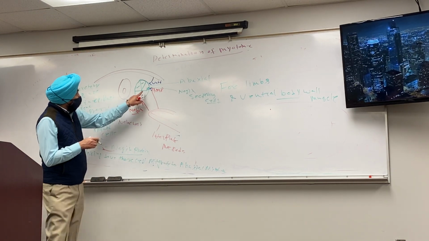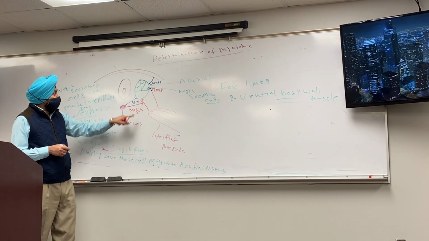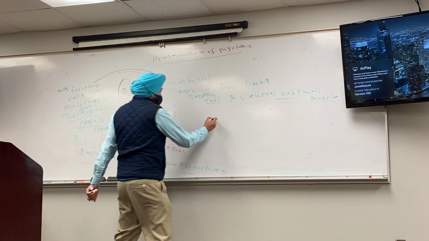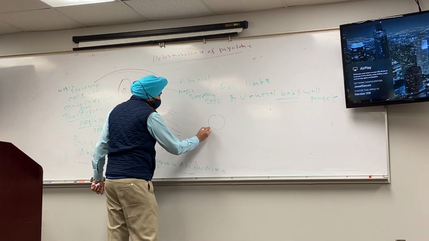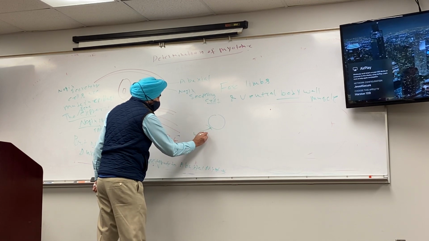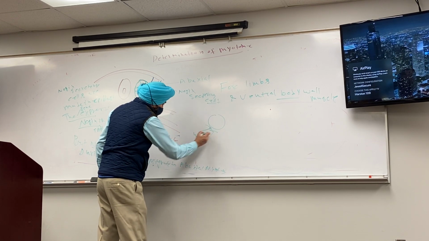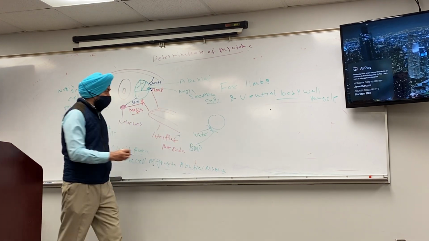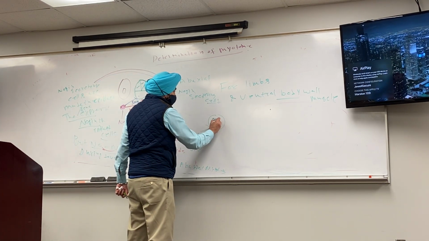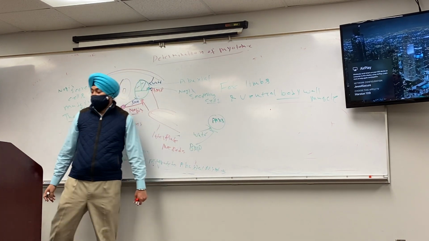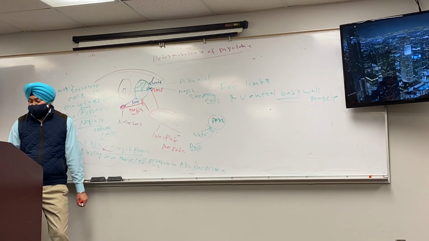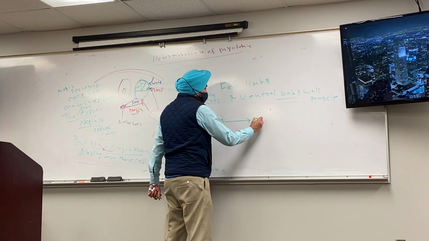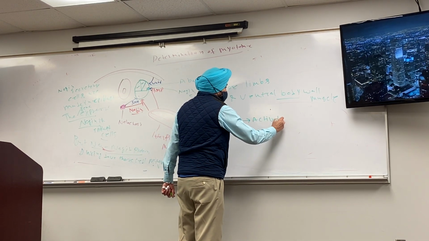So now, BMP is blocked, Wnt6 is coming there. Okay, so what happened? These cells are getting Wnt6, BMP blocked, and these cells start making PAX3. And when these cells make PAX3, they activate MyoD.